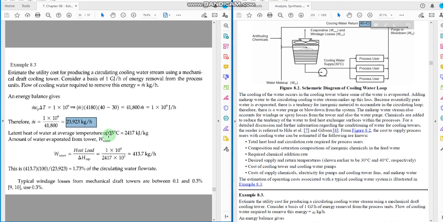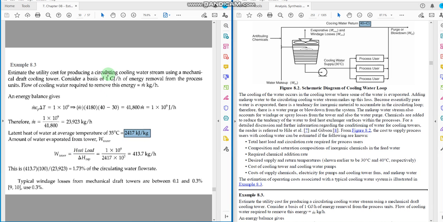Okay, so what we can do here, we have to calculate the evaporative water losses at 35 degrees C. So the value that you have to calculate, or you can see in the literature, comes out to be 2417 kilojoules per kg. And now we have to calculate how much water is lost due to evaporative cooling, or due to evaporation from the cooling tower.